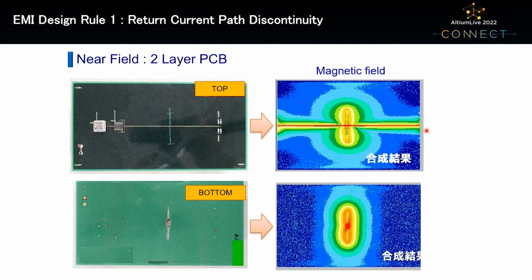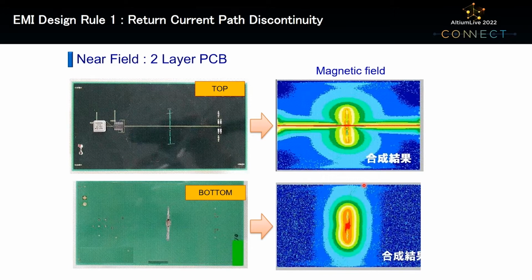This shows the near-field behavior on both sides. We can see the return current flows along the trace and the edge of the slit. The magnetic field is expanding from the slit. This will be a critical noise source.